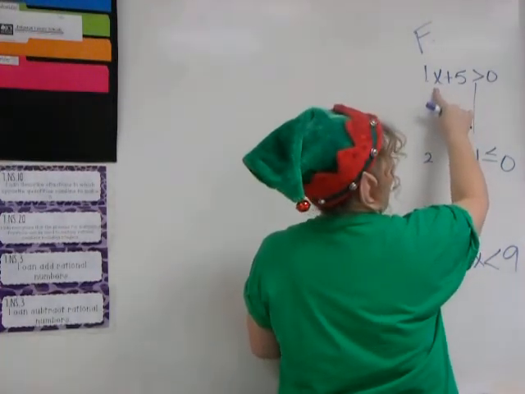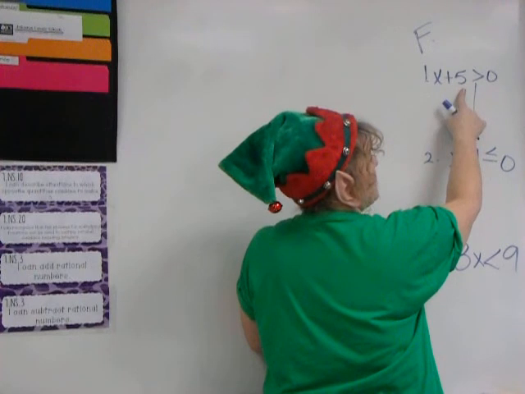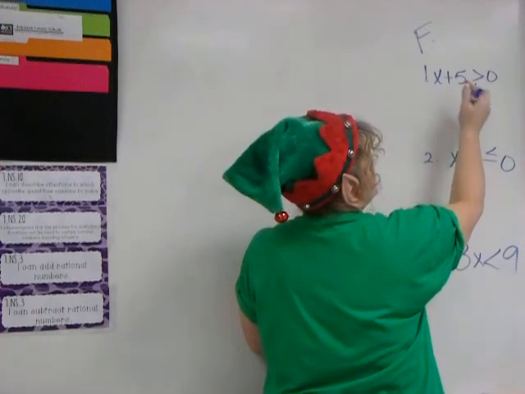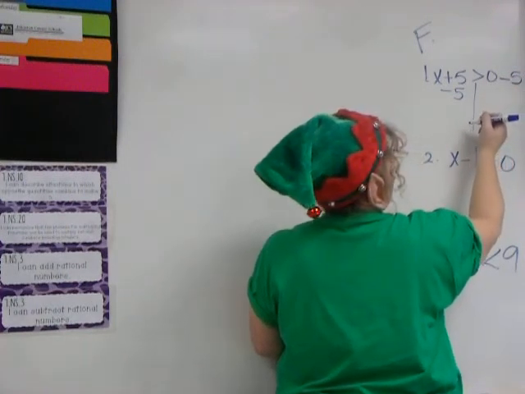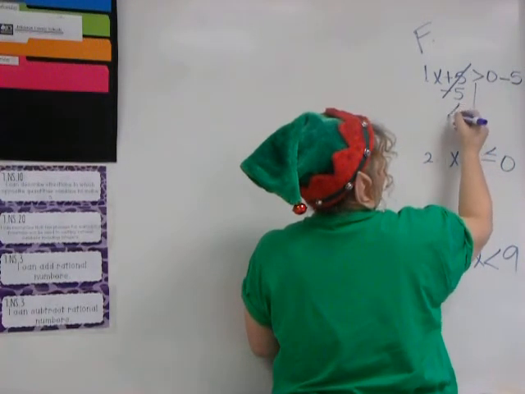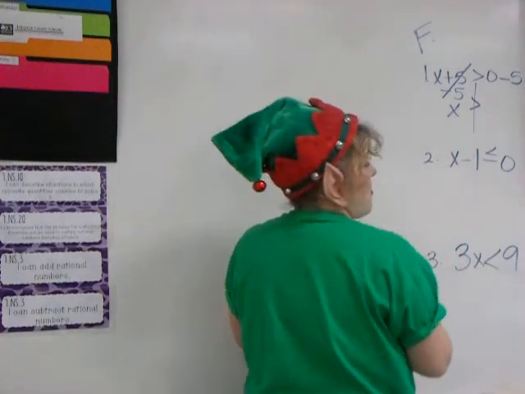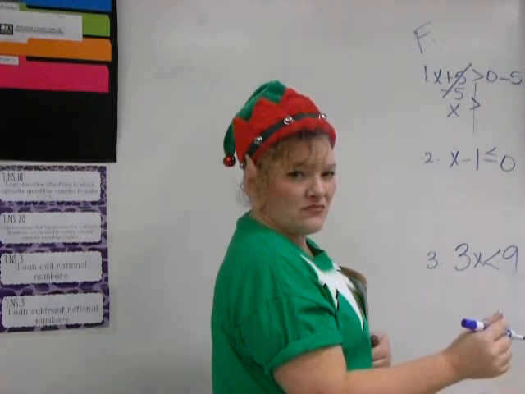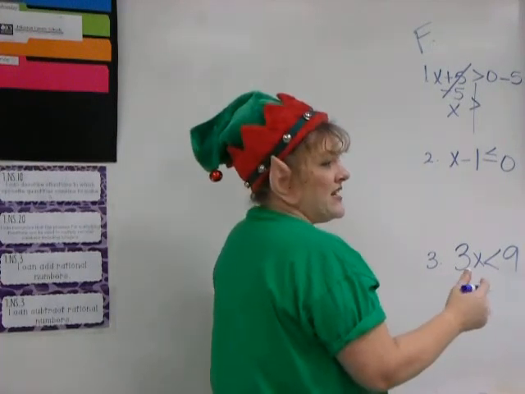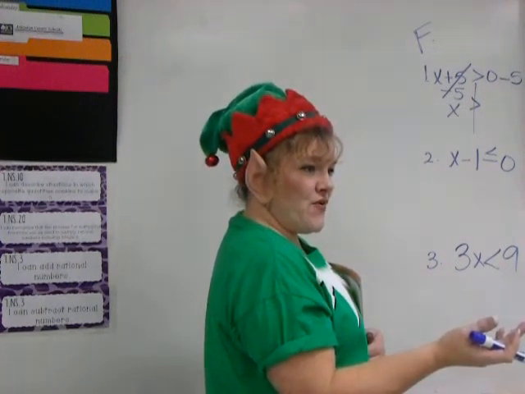What's been done to X? You have added 5. What's the opposite of add? Subtract. So we're going to subtract 5 from both sides. That cancels, it leaves X by itself, and you simply drop that inequality sign, just like you would drop the equal sign as you go down. Now, there are rules for integers, and I'm going to go ahead and tell you the rule for subtraction.